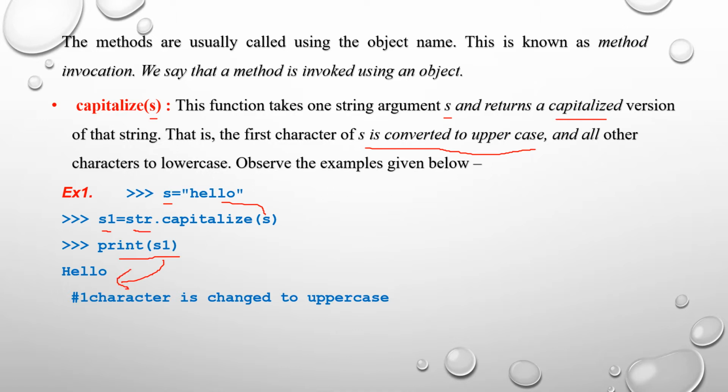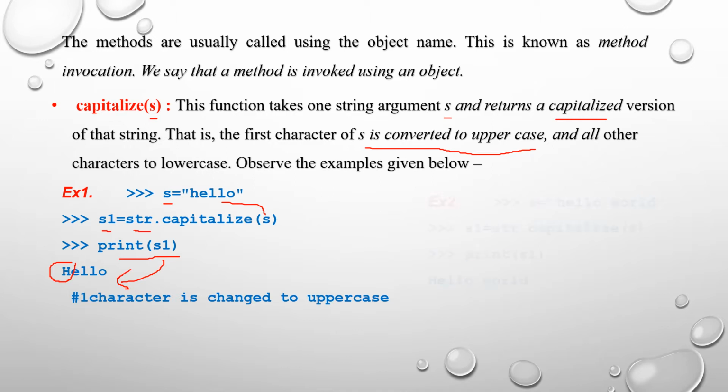Here the first character is changed to uppercase. So s has hello with all letters in small case, and here H is the capital letter. This function converts the first character in any string to a capital letter.